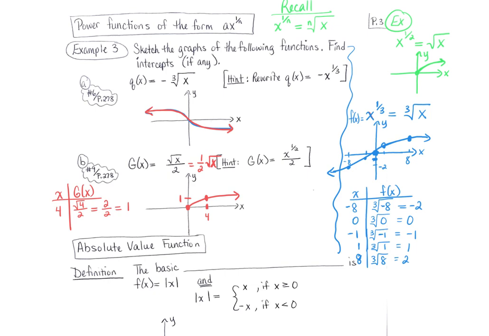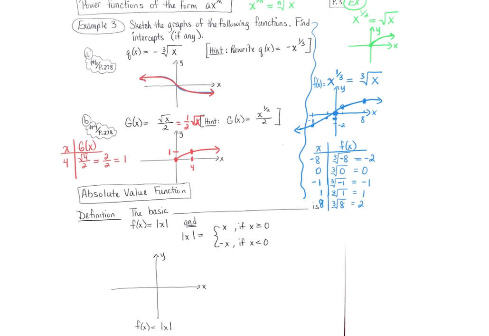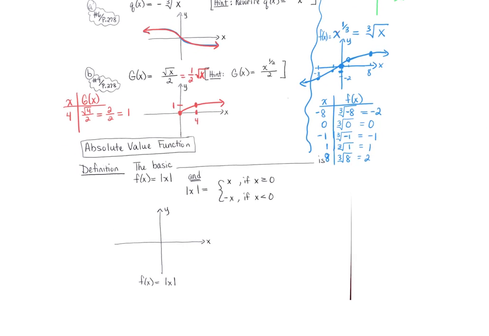Now let's talk about the absolute value function. The basic absolute value function is f of x equals, we write this as a vertical bar, x, vertical bar.